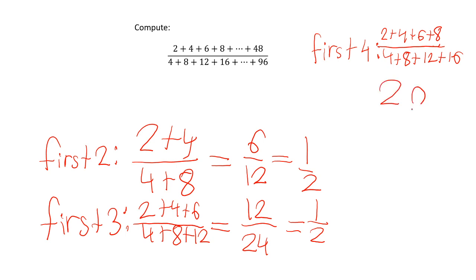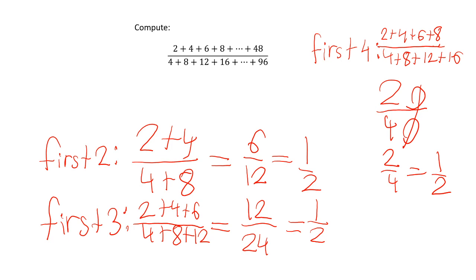So we have 20 over 4 plus 8 is 12, 12 plus 12 is 24. Now we have 24 plus 16, which is 40. The zeros cancel. 2 over 4 equals 1/2. Now we're noticing that everything is equal to 1/2, and we think, is the entire thing 1/2?